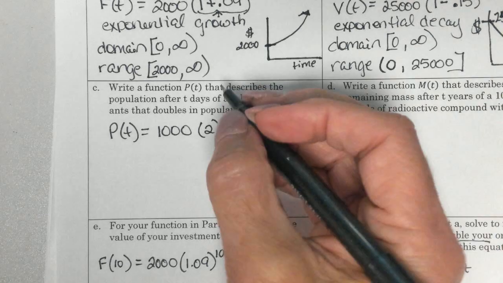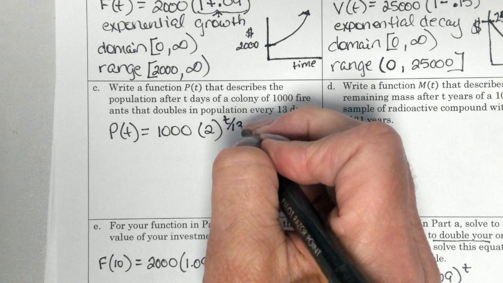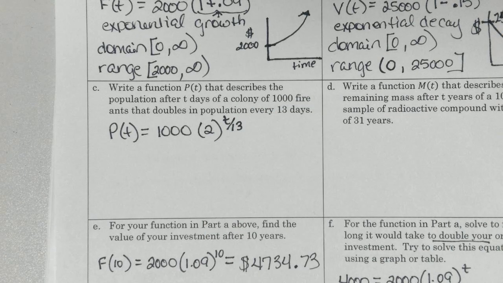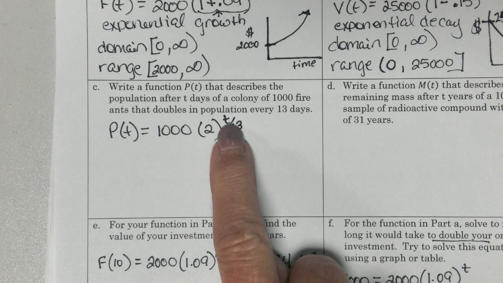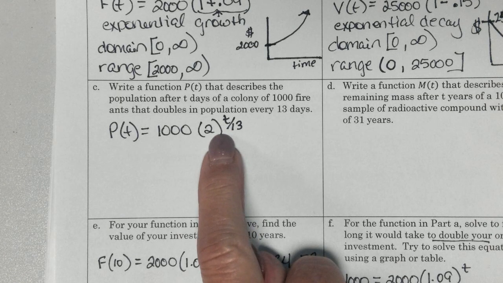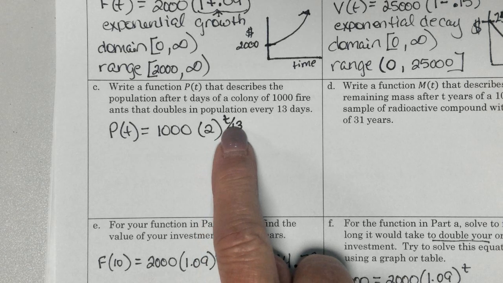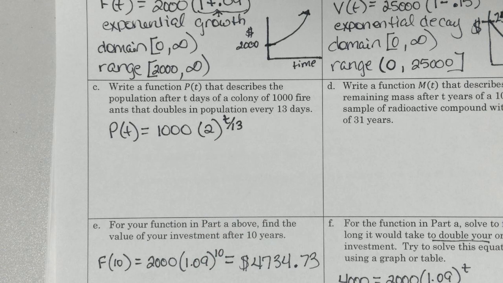Exactly. T divided by 13. When you reach that 13th day, you will have a complete double. What happens when you reach the 26th day? You'll double it again. And then the 39th day, you'll double it again.